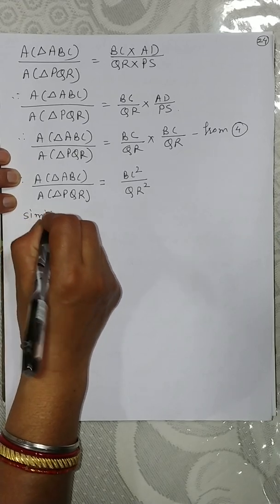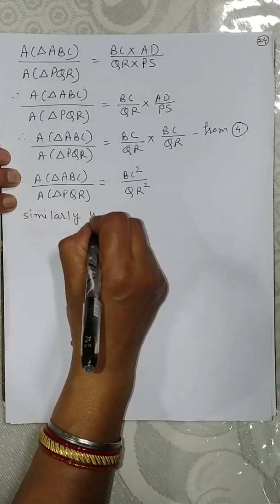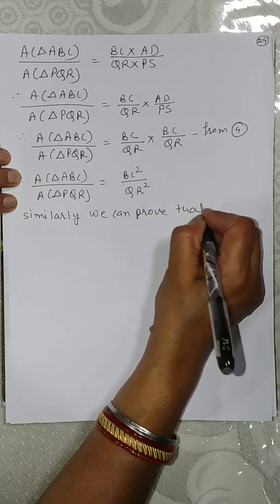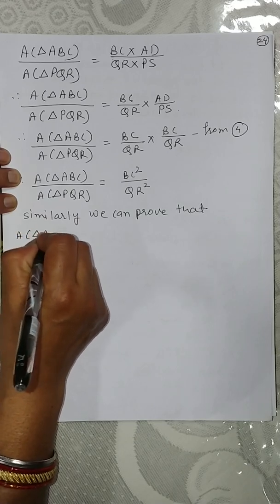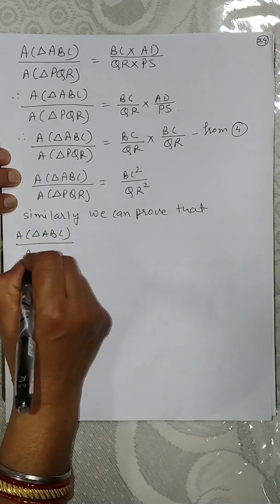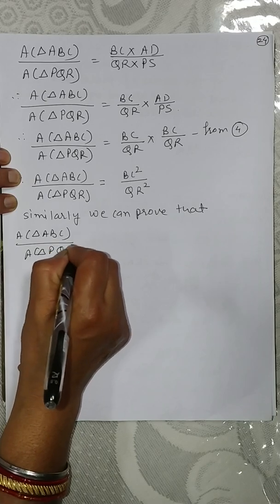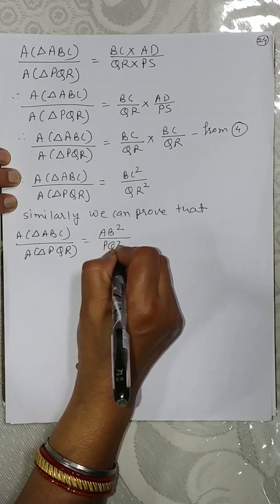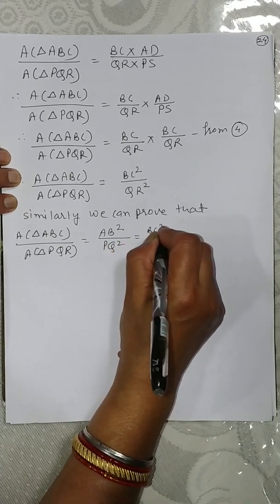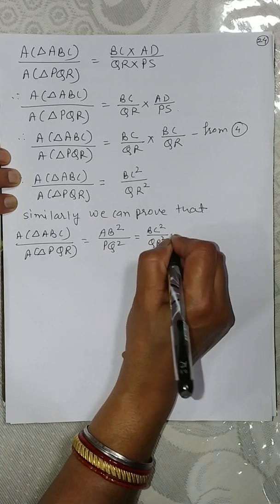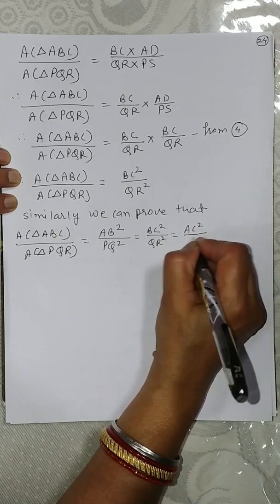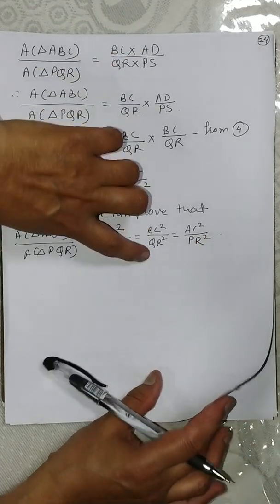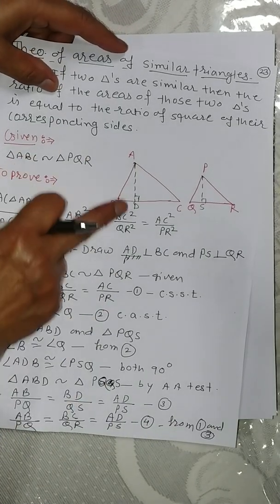So similarly we can prove that area of triangle ABC upon area of triangle PQR, it is equal to AB square upon PQ square is equal to BC square upon QR square is equal to AC square upon PR square. So for BC square upon QR square, we draw perpendicular to BC.